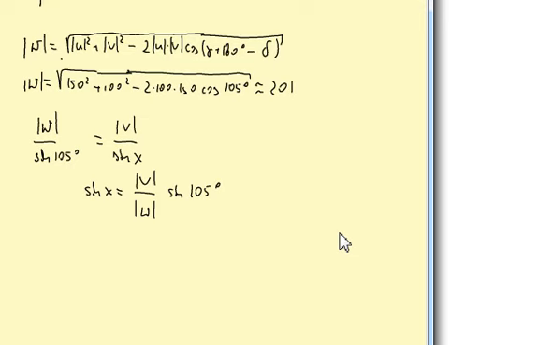And then x equals the inverse sine of V divided by the length of W times sine 105 degrees.